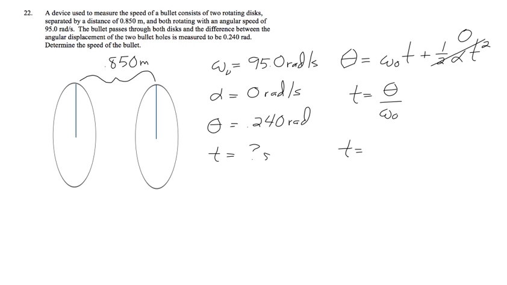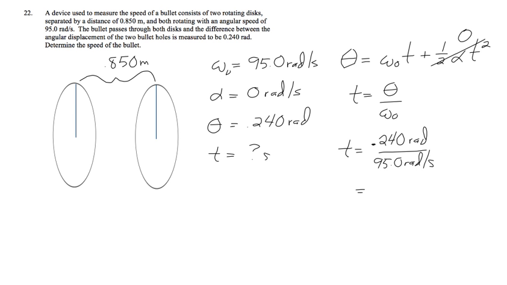So the time is 0.240 radians divided by 95 radians per second. That's going to be a small number. The radians will cancel out, and I have seconds in the denominator of a denominator, so we'll put it in the numerator.